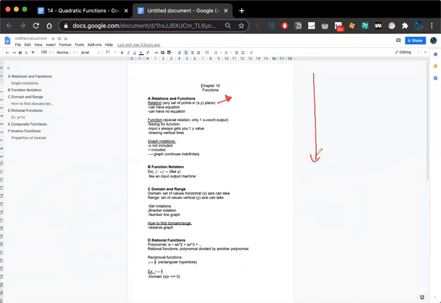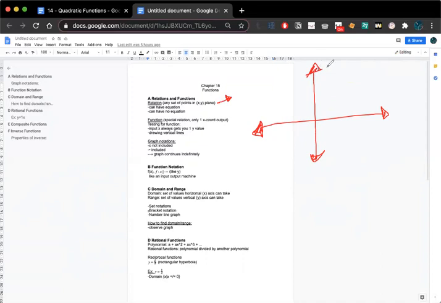So for example, if we have an xy plane, and let's say we have this line, then that would be a relation. Or if you have this shape, that would also be a relation.